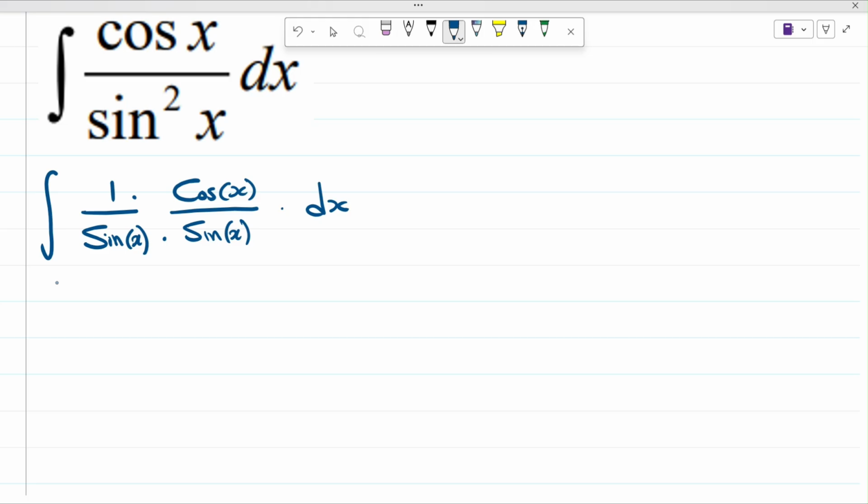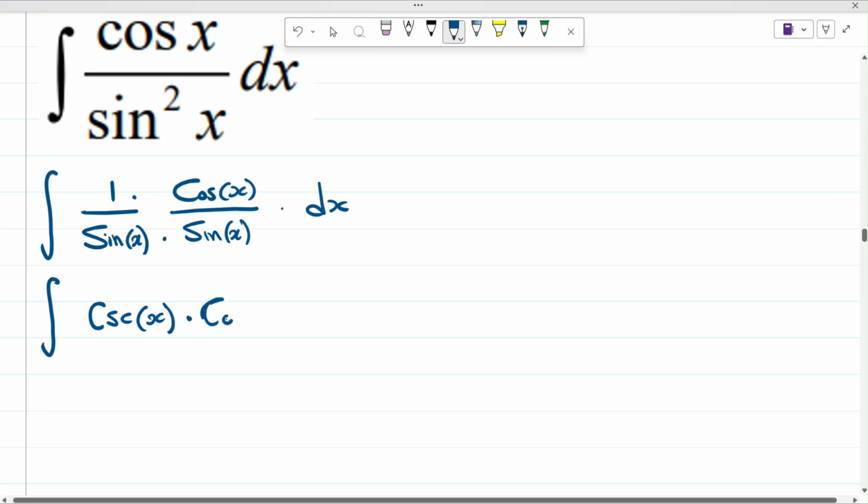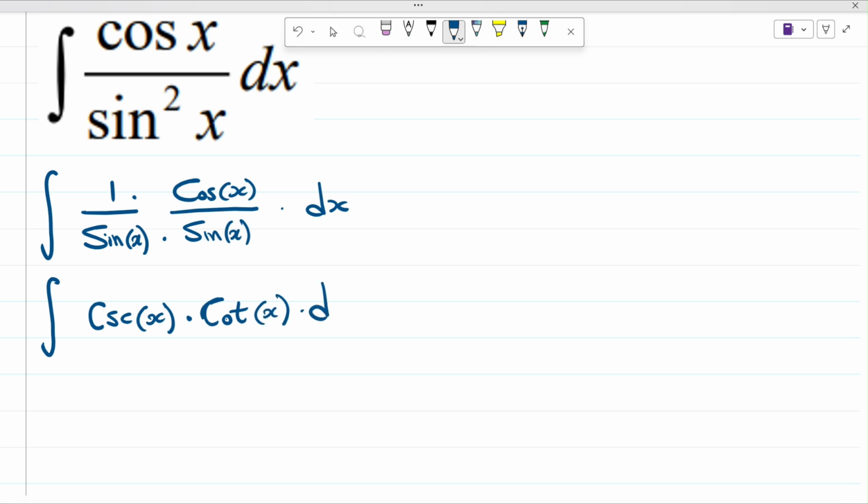From there, that person is going to conclude that 1 over sine is equivalent to cosec, so this is cosec of x multiplied by cos over sine. What is that equivalent to? It's equivalent to cot of x, dx.